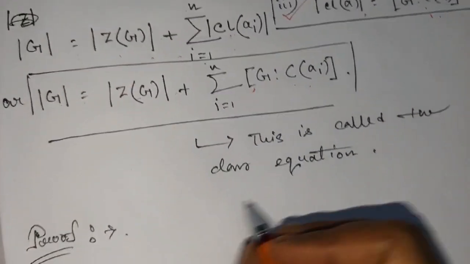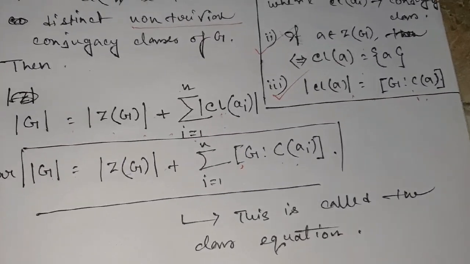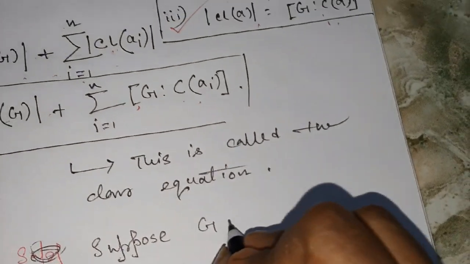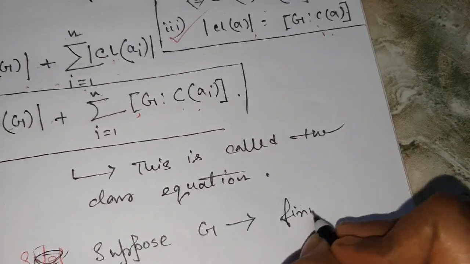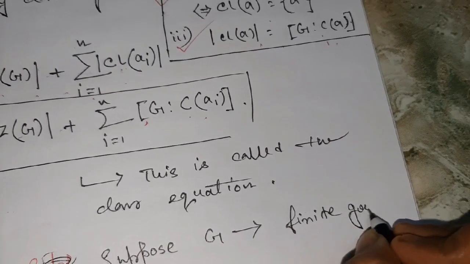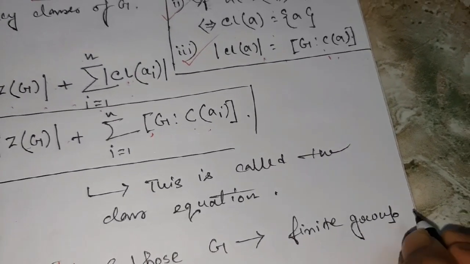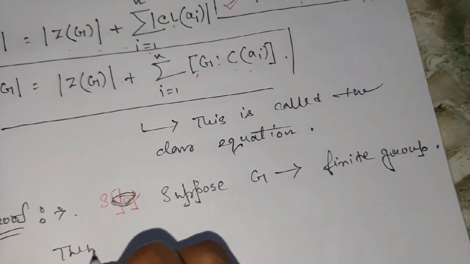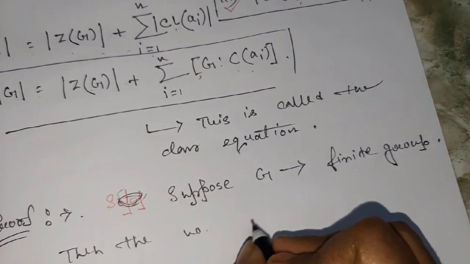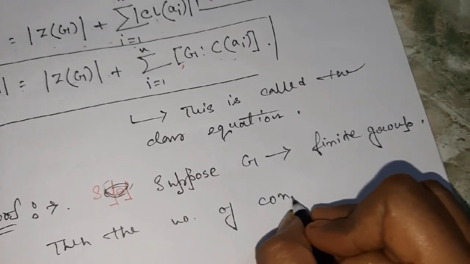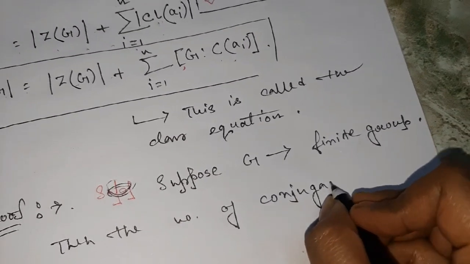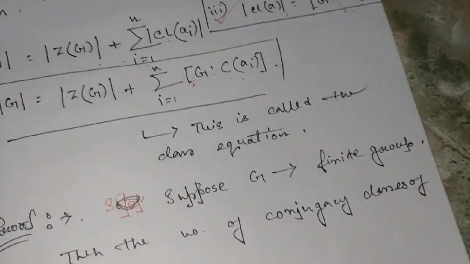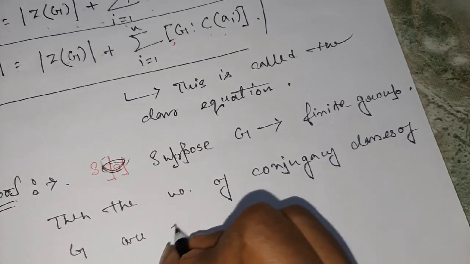So firstly, okay, now suppose capital G be a finite group. Okay, now if the group is finite, then the number of conjugacy classes of G are finite.